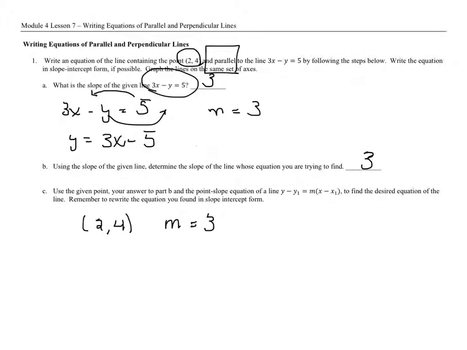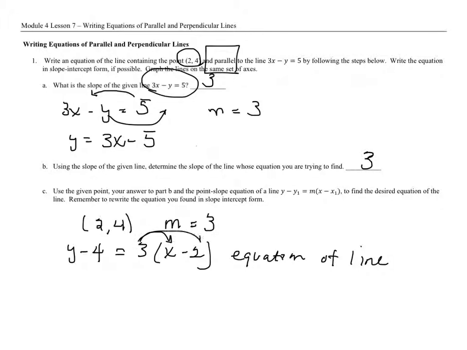So what we're going to do is y minus 4 is equal to 3 times (x minus 2). So actually, this is the equation of the line. But it's really not in a very good form. So what we're going to do is clean it up a little bit and put it in slope-intercept form.